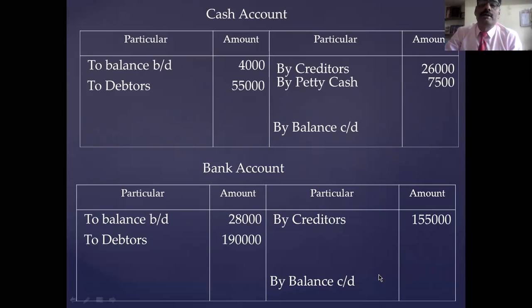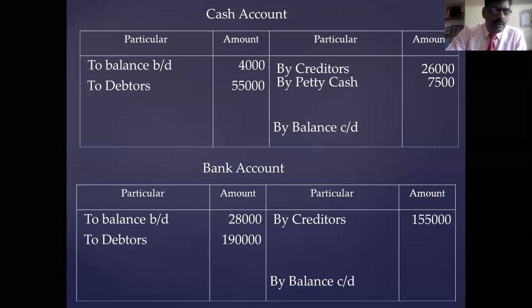Remaining expense I also don't know. That is not given in the problem. The question says that all the expenses are disbursed by check except petty cash expense 7,500. So 7,500 petty cash expense is disbursed in the form of cash. Therefore, I take it in the cash account credit side. Clear? Then come to the next.